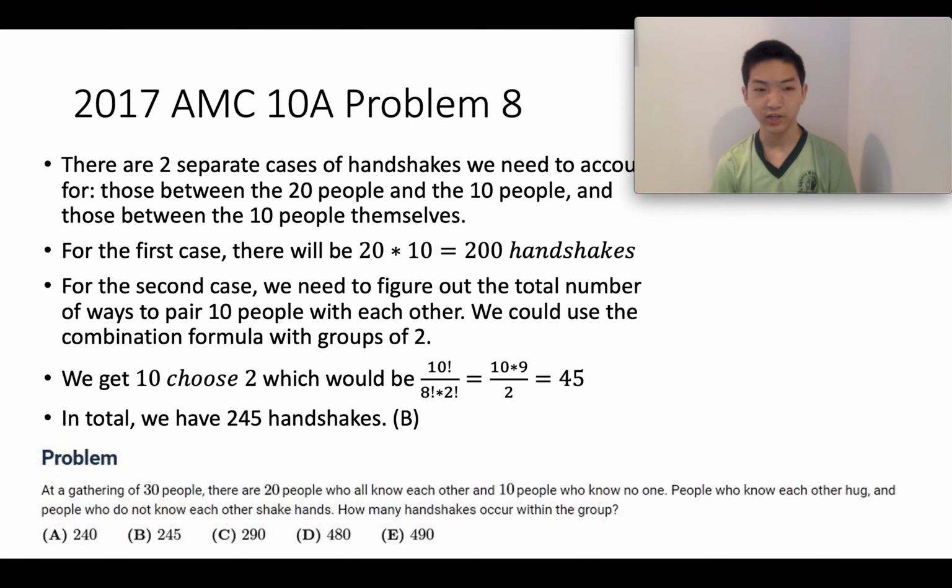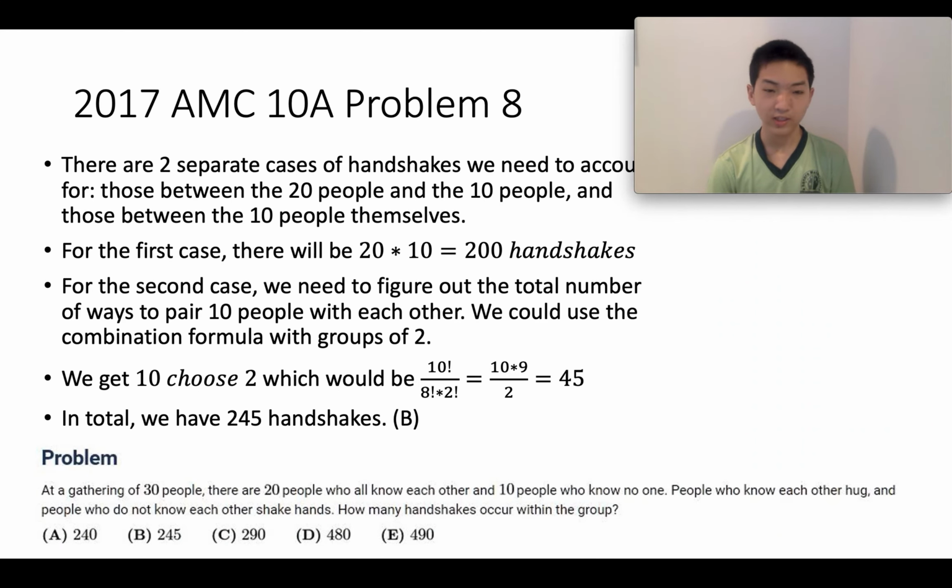Because in handshakes, there's no first person to shake a hand, second person to shake a hand. It's both people simultaneously handshaking. So we don't want a group of two people to be counted twice, which would have happened if we used the permutation formula. So that's why we use the combination formula.